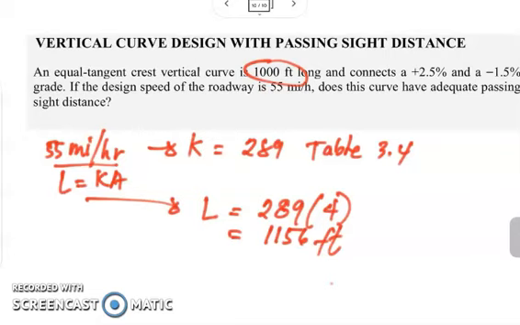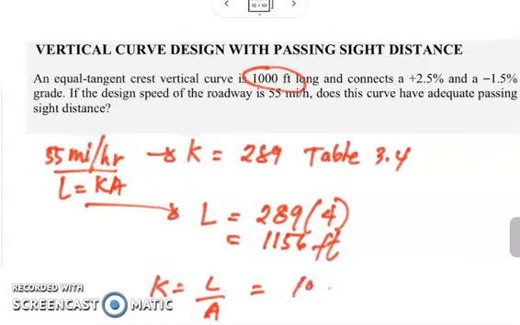So let us check again using our K for the existing design to compare with the required passing sight distance based design. So from our equation, K is equal to L all over A. So if the given L is 1,000 and our A, we have computed the absolute difference, is equal to 4.